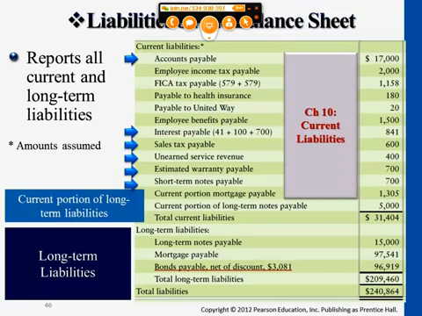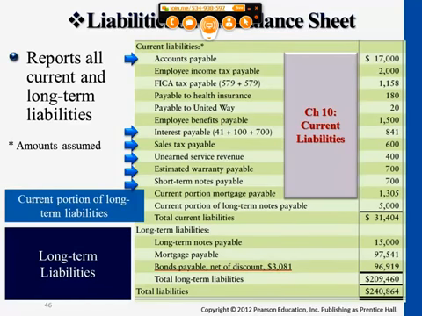Now, bonds payable, the topic that we have been covering since last Wednesday. Don't forget that whenever we report it, it's either reported net of discount or net of premium, meaning this is the carrying amount, or it's reported as the table that I showed you earlier, bonds payable, and then less discount.